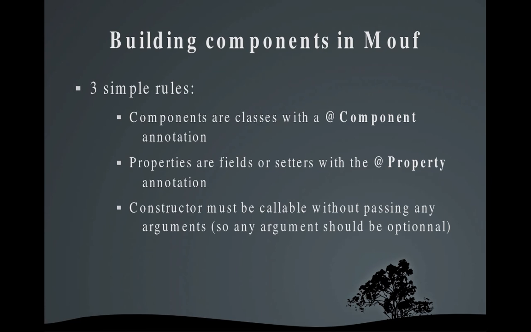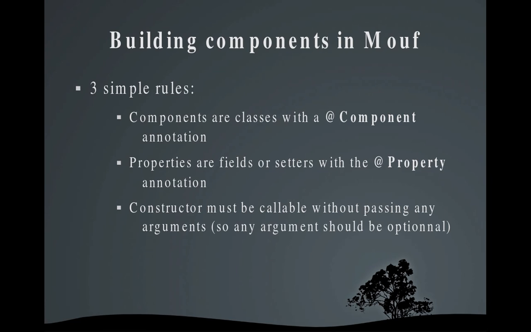So basically, either you have no constructor, or if you have a constructor with arguments, all of them should be optional. It's because Mouf will create the component using new component and without passing any arguments. It will fill the properties later, actually. If you have those three conditions, and it's pretty simple to fulfill them, then you can build components really, really easily.